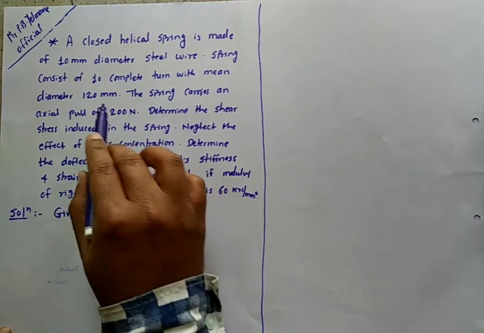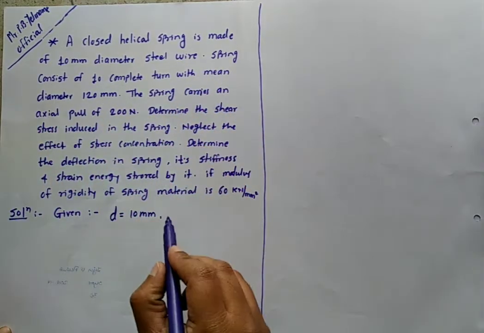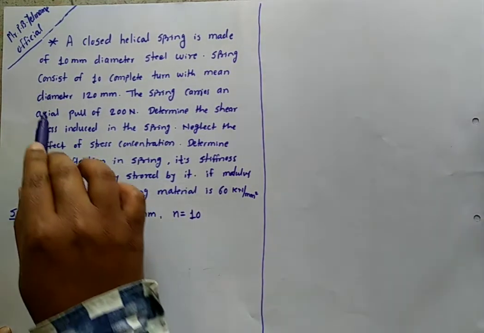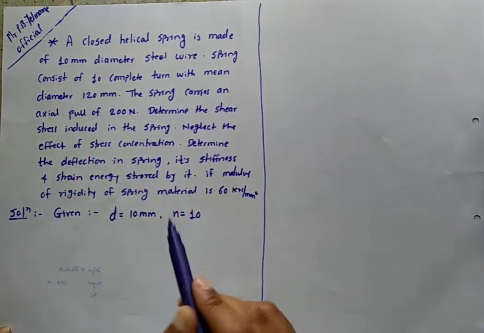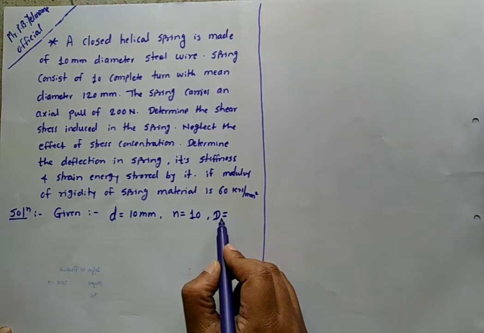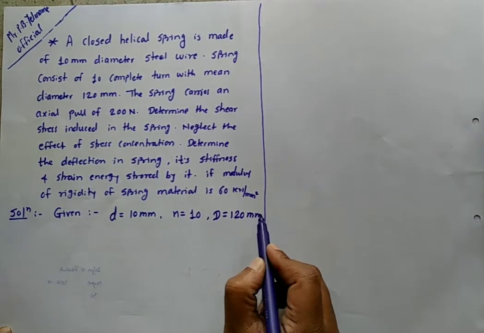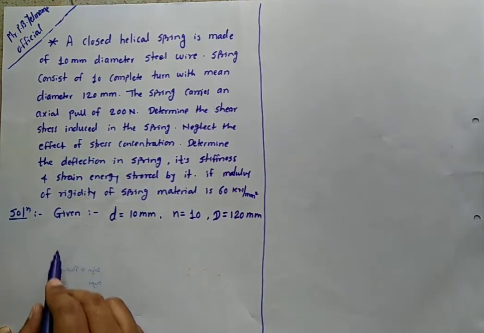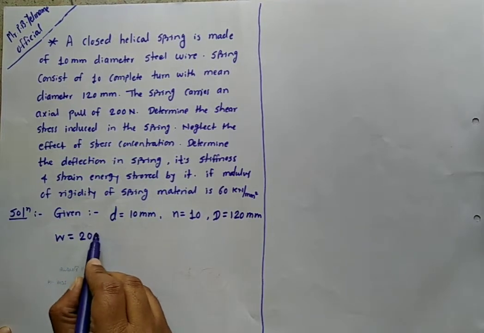The spring consists of 10 complete turns, meaning small n is equal to 10, with mean diameter 120 mm, meaning capital D is the mean diameter of the spring, that is 120 mm. The spring carries an axial pull of 200 Newton, meaning the load W is 200 Newton.